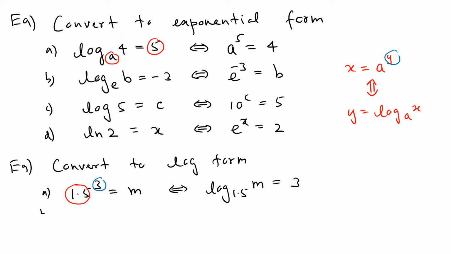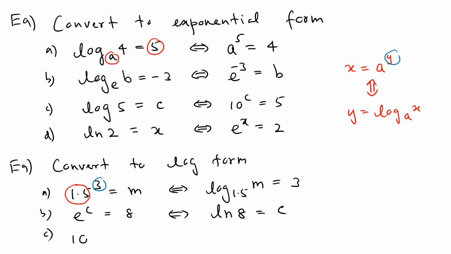And then b, let's say e to the c equal 8. That's a special base e, so we use the natural log. That means the natural log of the number 8 equals c. And then we can write a number like this.